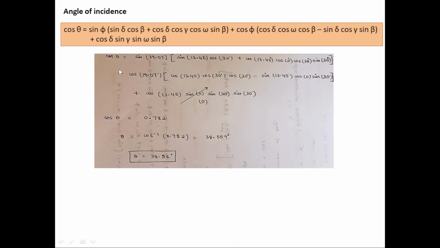as usual, substituting the value of latitude and declination angle, then beta, which is the slope of the flat plate collector, and gamma, the surface azimuthal angle. Since the flat plate collector is pointing due south, the gamma value was 0. After substituting the values, we got cos theta as 0.782, and taking the cos inverse, we get theta as 38.56 degrees.